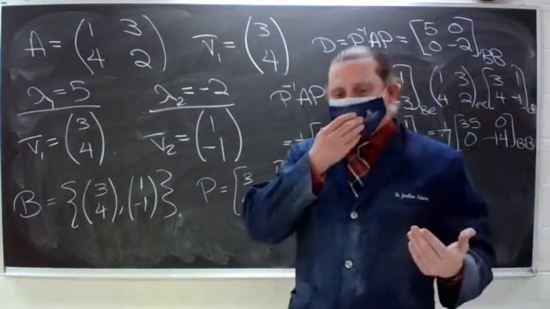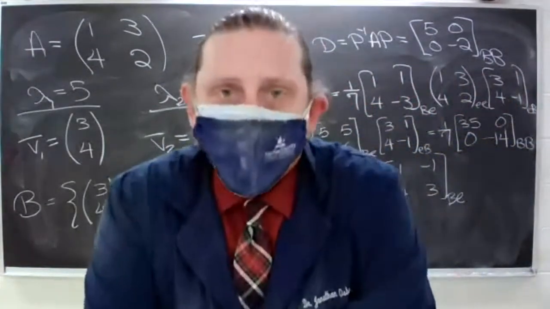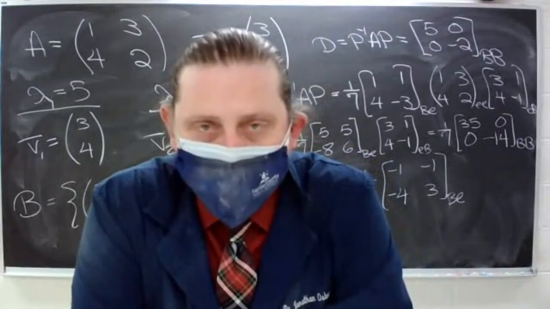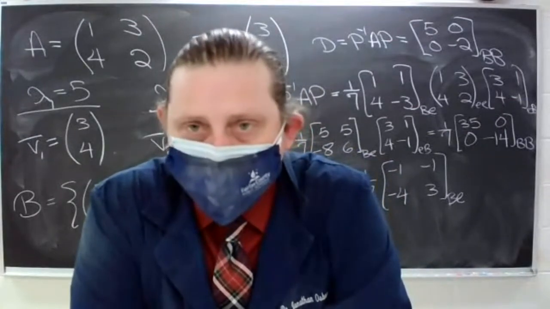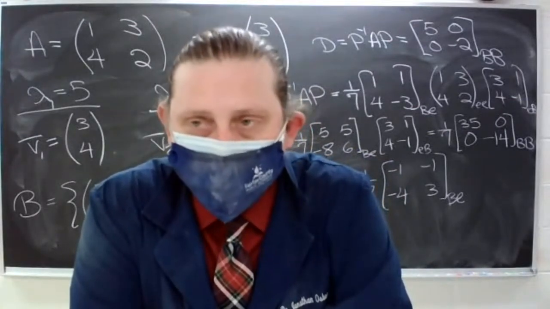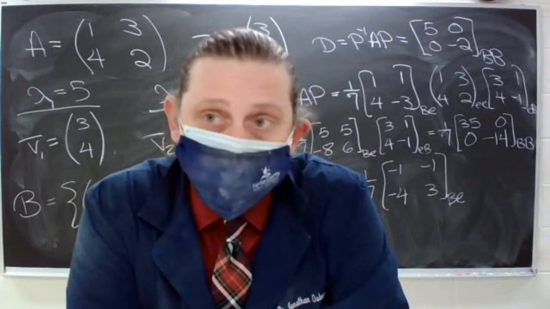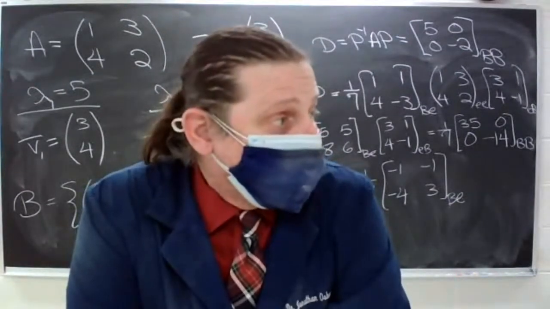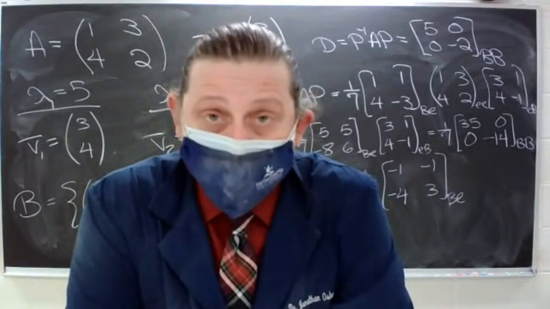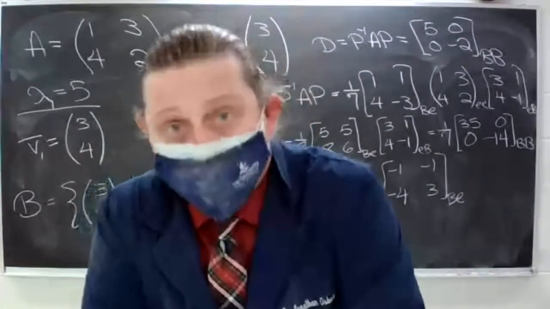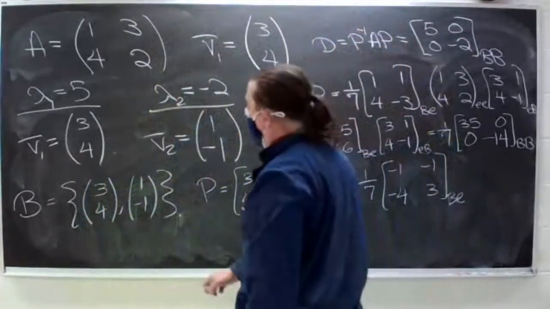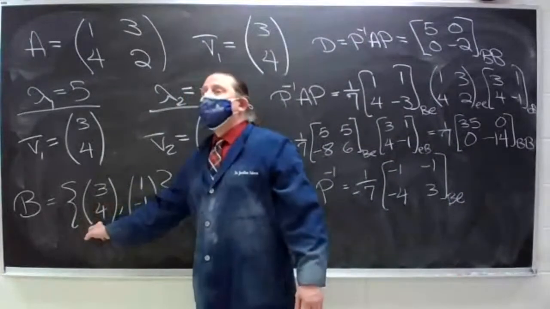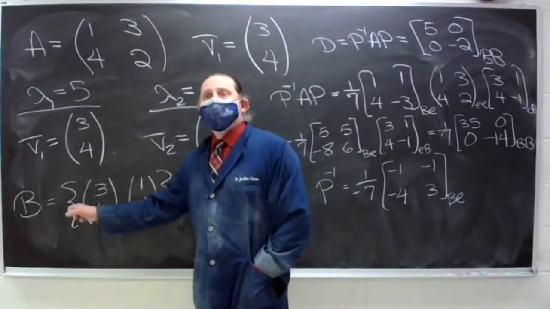Now, what is the significance of the numbers that appear on my matrix D's diagonal? They're the eigenvalues. That's right. They're also in the order that we chose to put the eigenvectors.